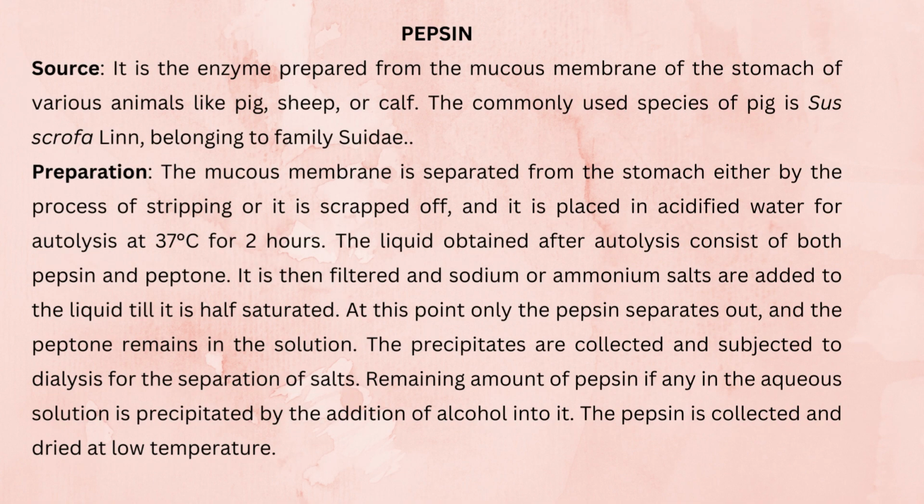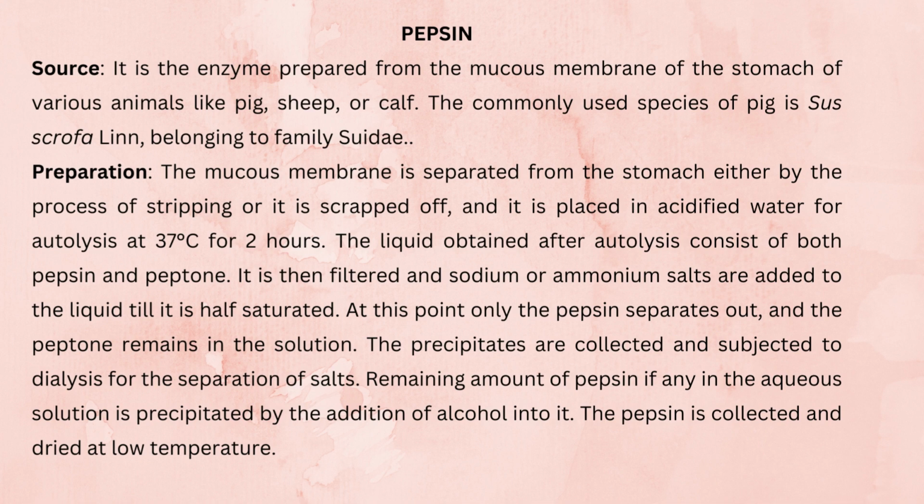The next enzyme is pepsin, which is obtained from the stomach lining of animals like pig, sheep, or calf. Commonly, it is obtained from the species Sus scrofa belonging to the family Suidae. Here, it is obtained from the mucous membrane, which is separated from the stomach by the stripping or scraping method, and it is placed in acidified water for autolysis for 2 hours.